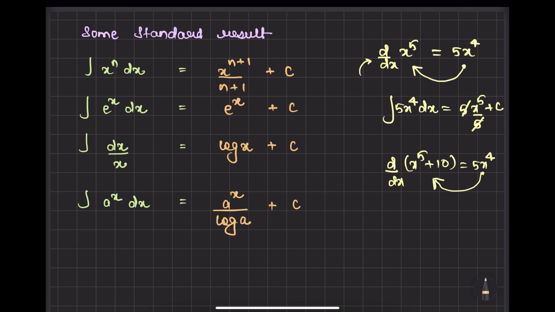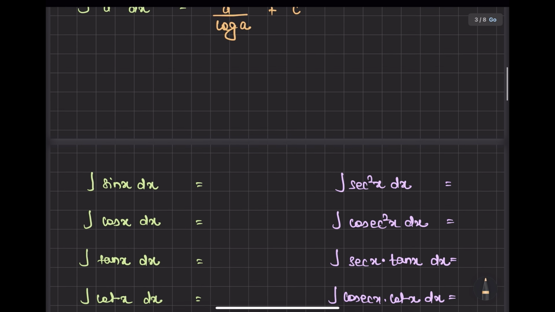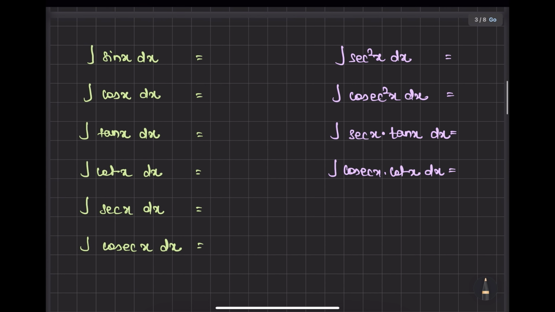Okay, let's move on to the next part of formulas. Now we have to deal with these trigonometric formulas. Integration of sin x. If you try to recall, in differentiation we have memorized so many formulas.